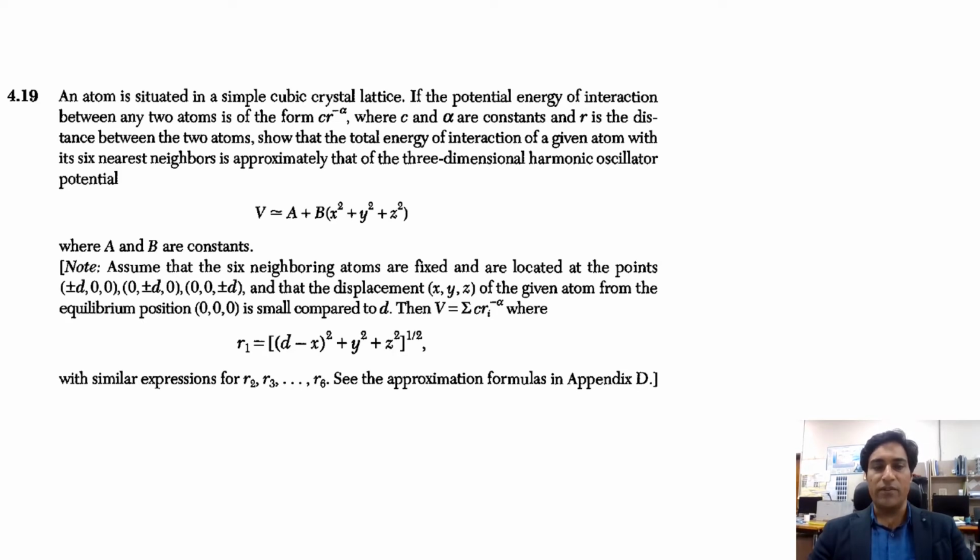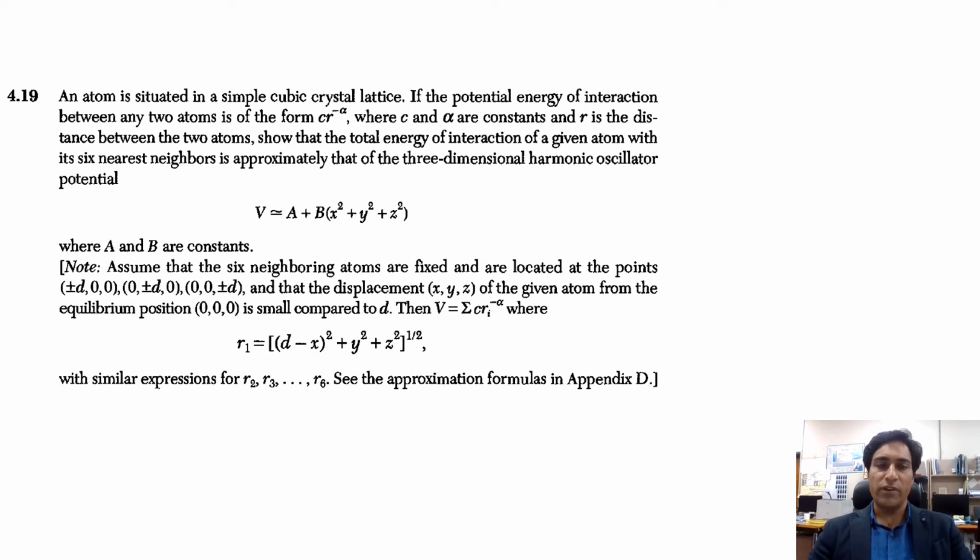is x, y, z. It is given that V, the potential, is equal to the summation of C r_i to the power minus alpha. Because there are six nearest neighbor atoms, their positions from the situated atom are r1, r2, r3, r4, r5 and r6.